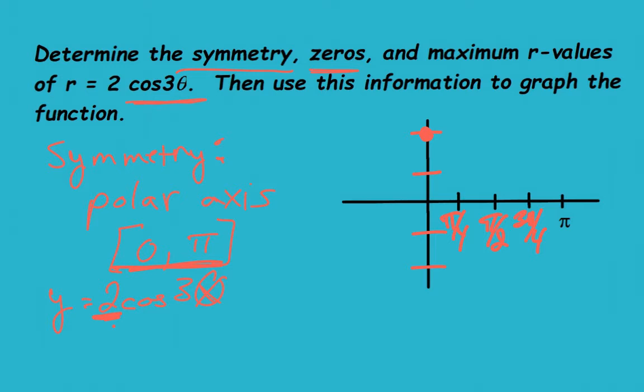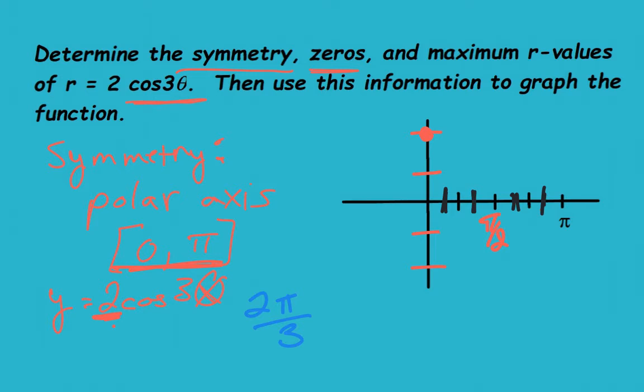Because the period on this one is typically 2 pi, but we've got it divided by 3, so it's only going to go to 2 pi over 3. So I'm actually going to change up my lines here a little bit. I'm not going to have this one or this one. And I need to do 3s, so I'm going to put them here, ignoring the other ones.